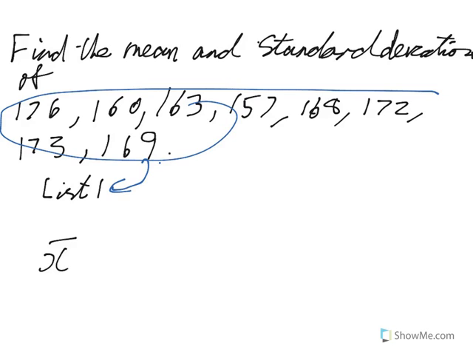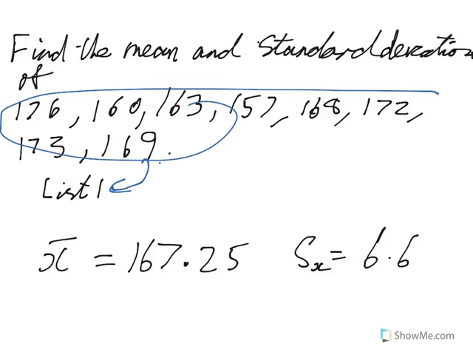And the information you're given, x bar, which is up near the top of the list, 167.25, and the standard deviation, which is SX on that, is 6.67. Again, it's on that list there, up near the top of those.